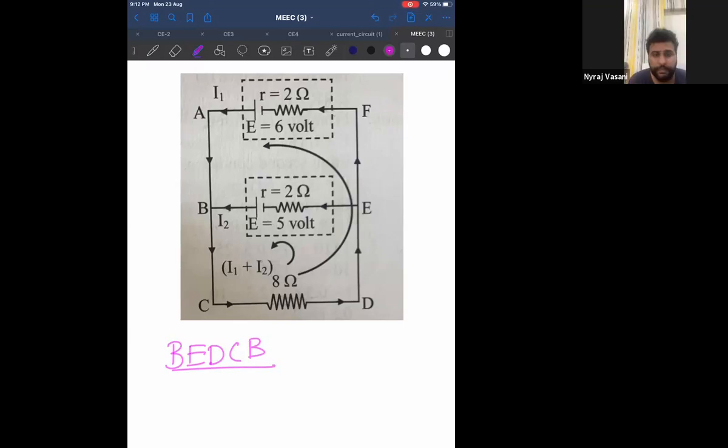Now listen. Sharvani, can you try? Sharvani, can you hear me? Yes, sir. Can you try? Yes, sir. So from B to E, since we are encountering the positive terminal, it will be -2.